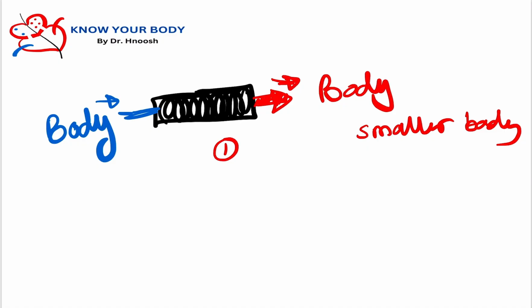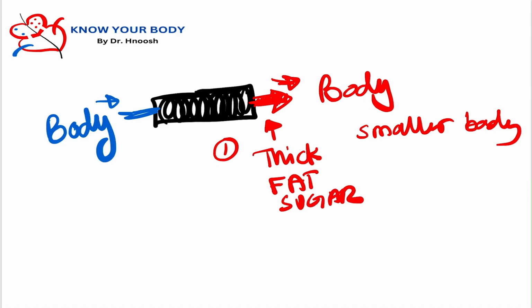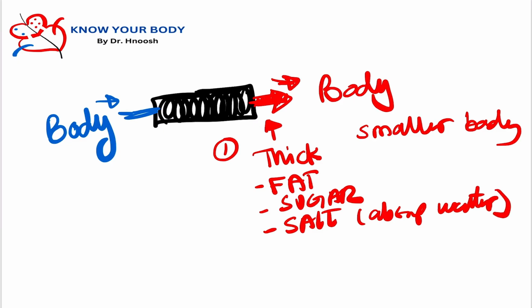Okay, the other concept is if the blood inside this artery is thick, anything that will make the blood thicker can create more pressure. So extra fat, sugar, salt. Salt also can absorb water. All those things can make the pipe wider and bigger.